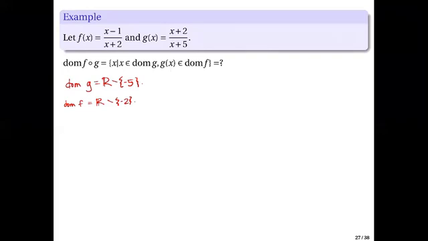Okay? Let me do the computation here. So g of x an element of the domain of f implies that your g of x must not be equal to -2, because you remove that -2 from the domain of f. Correct?